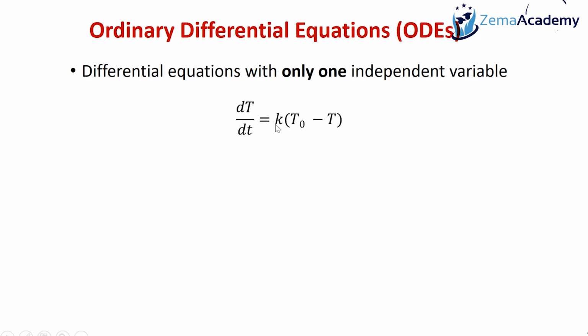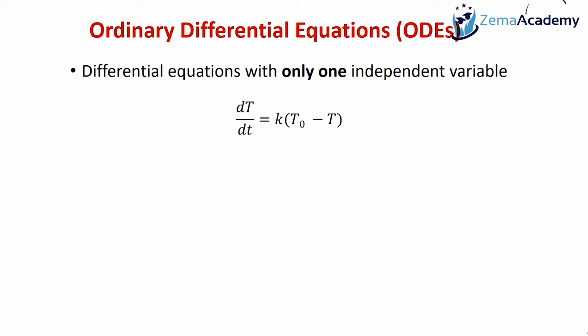We'll come to the numbers side of these things in a later slide, but first I wanted to introduce the concept. This constant K is multiplied by the difference of the temperature terms, T naught minus T. By looking at it, you can already see that the equation consists of temperature with respect to time.